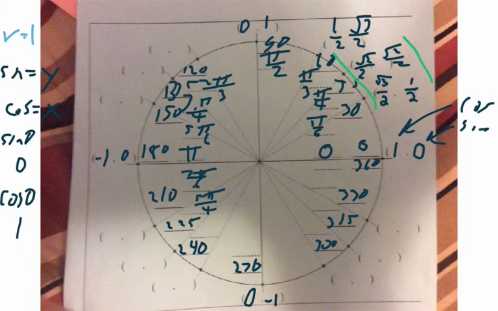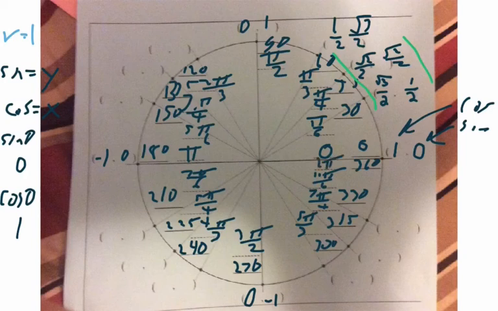This one will be 4 pi over 3. And 3 pi over 2. Then we got something with pi over 3. And then pi over 4, so 7 pi over 4. And then 330 is 11 pi over 6. And 2 pi.